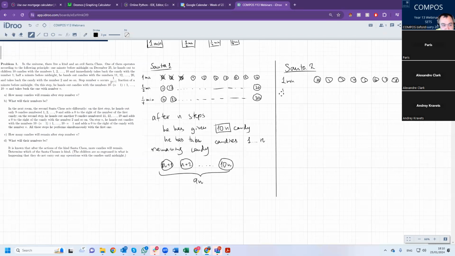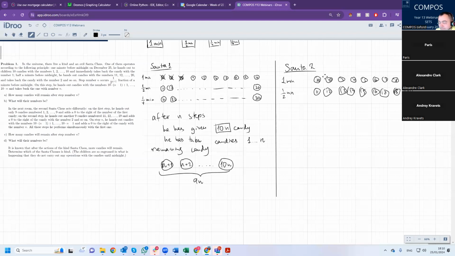Now, 1/2 minute before midnight, he gives out candy 11, 12, 13, up to 19, and he immediately turns candy 2 into candy number 20.